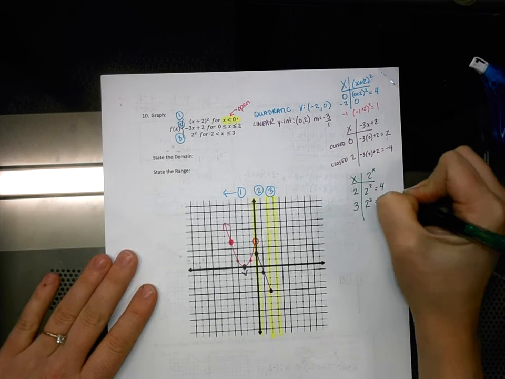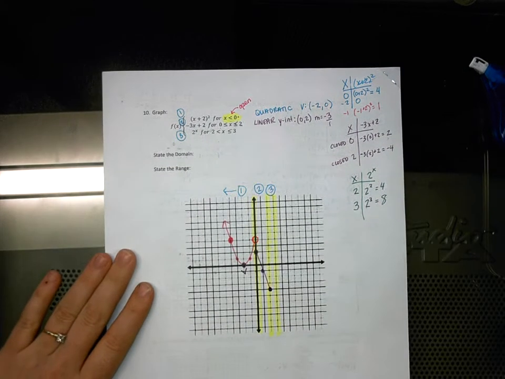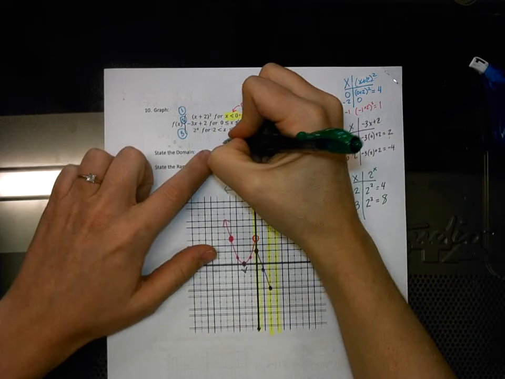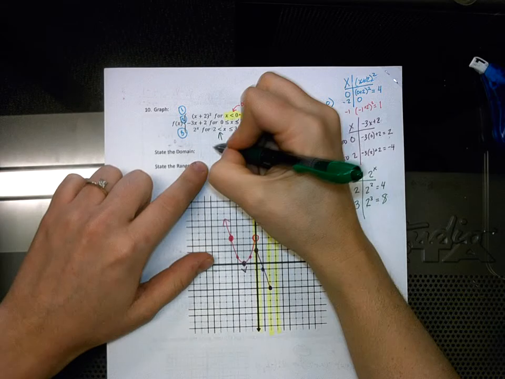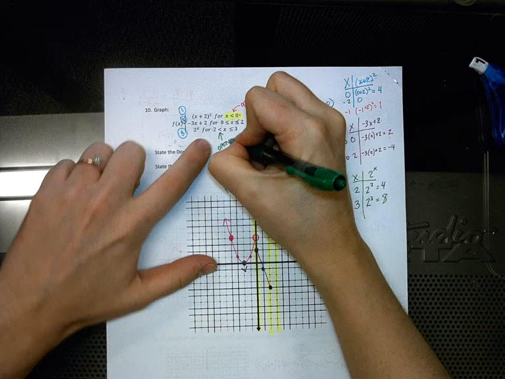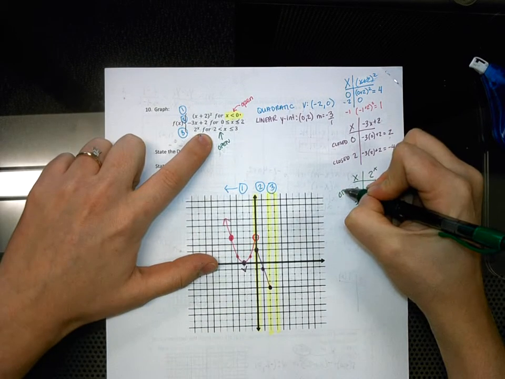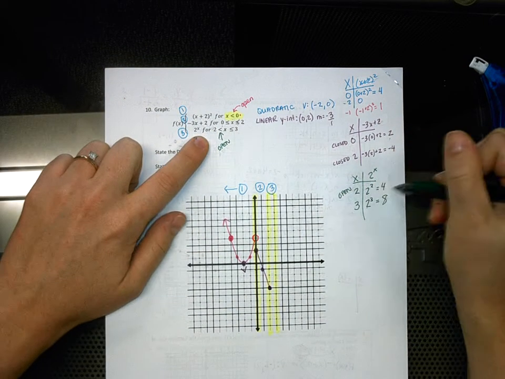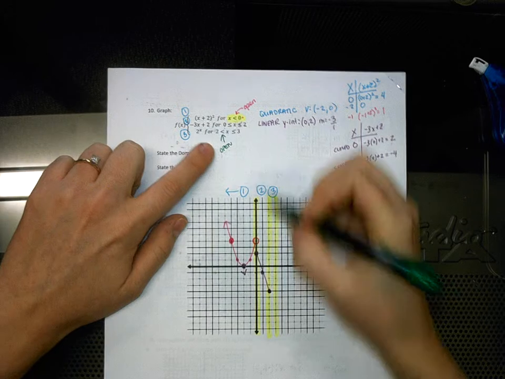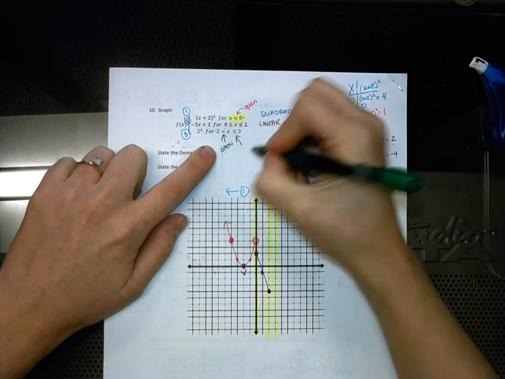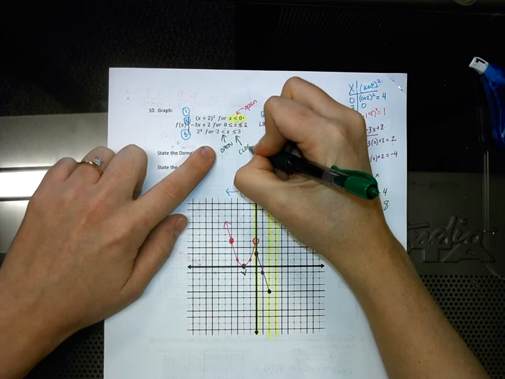And we're going to see which points are open and closed. This one does not have an equal sign, so whenever x is equal to 2, I'm going to have an open point, which is at (2, 4). And when x is equal to 3, I'm going to have a closed point because I do have an equal sign there.